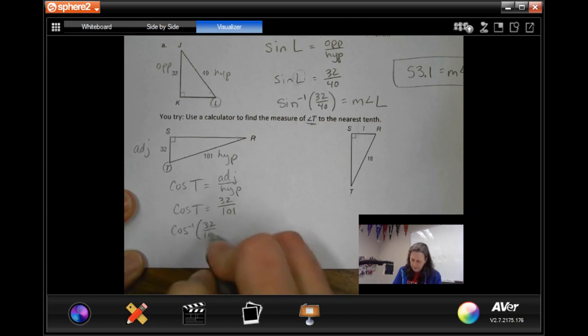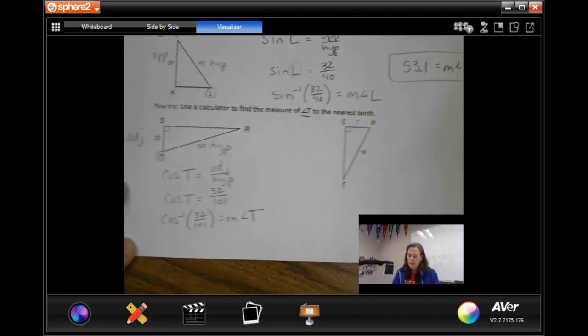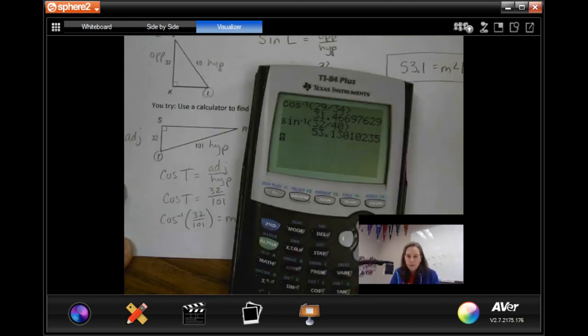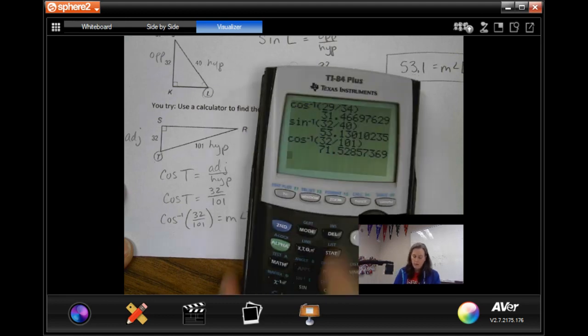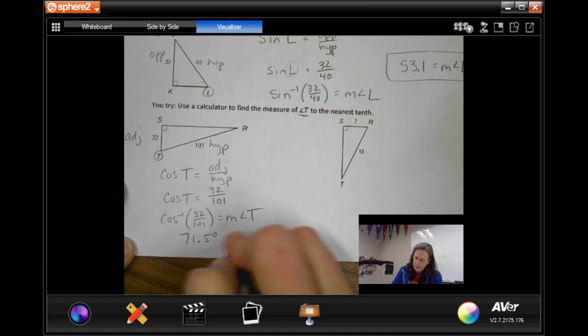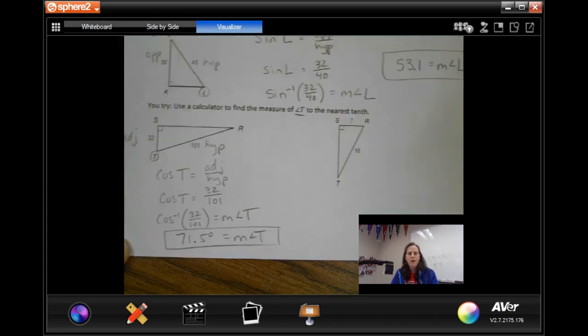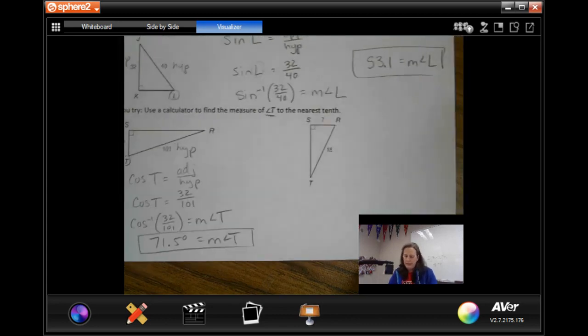Let's undo it. Measure of angle T. Second cosine of 32 divided by 101. Did you get 71.5 degrees? Angle T. Awesome.